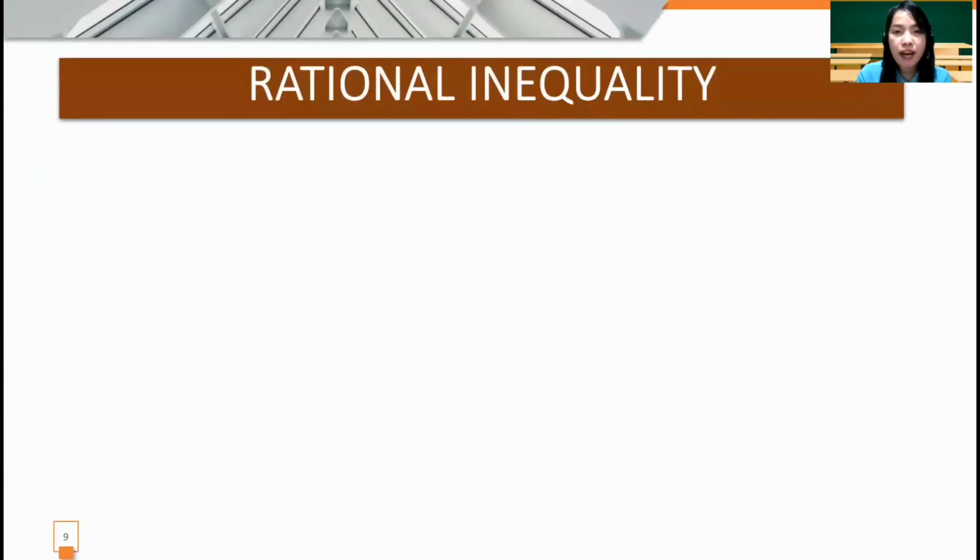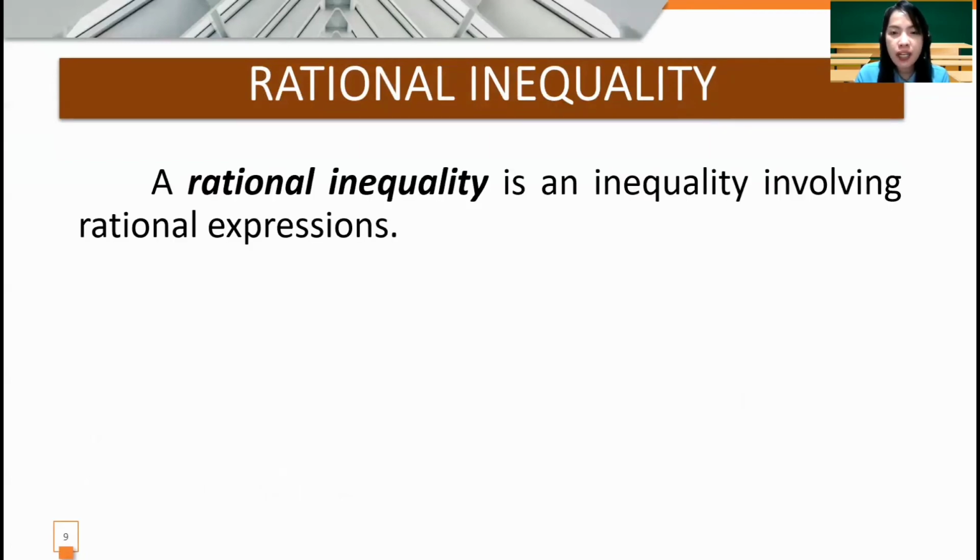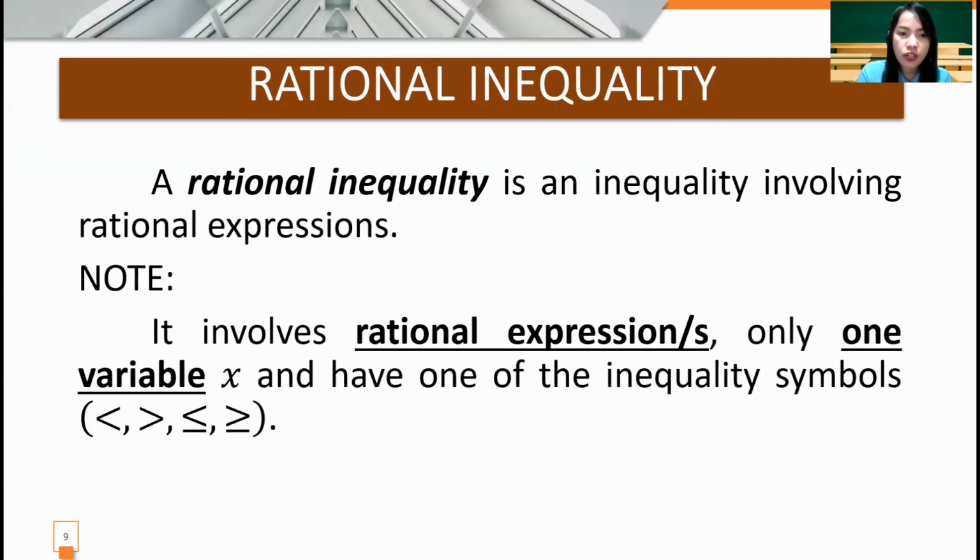And last, we have here rational inequality. Rational inequality is an inequality involving rational expressions. Ito yung mga signs para matawag mo na ang given ay rational inequality. Number 1, it should involve rational expressions.